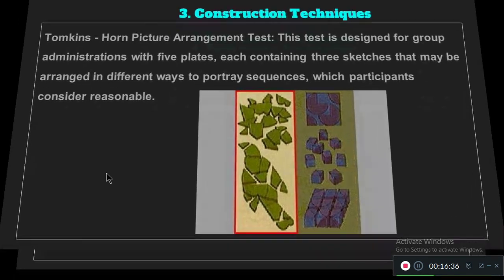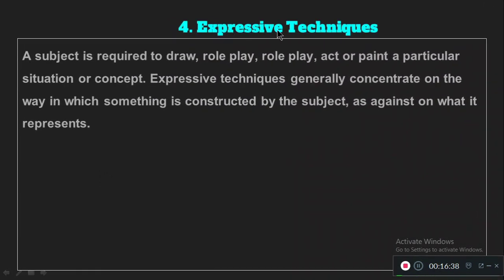Now let's see the fourth method, expressive techniques. The respondents are asked to do some role play or act, or paint a particular situation or concept. So when they do a role play or when they draw a diagram and paint about some concept which comes to mind, they are expressing what they think, what they need, what kind of feelings they have.